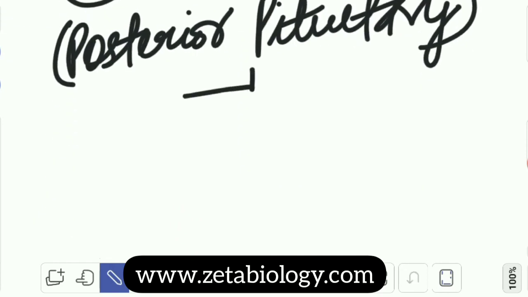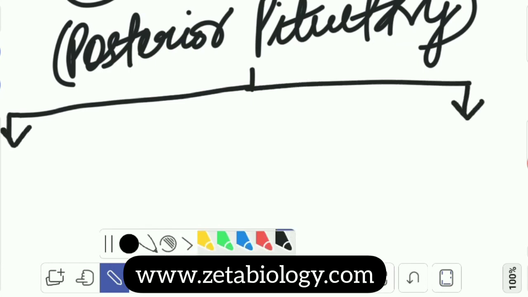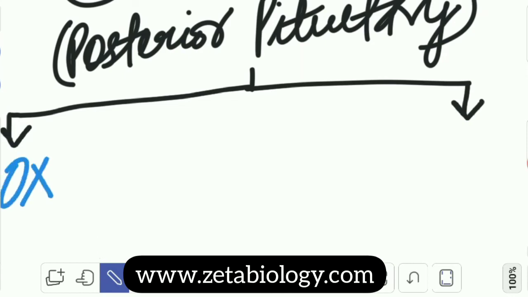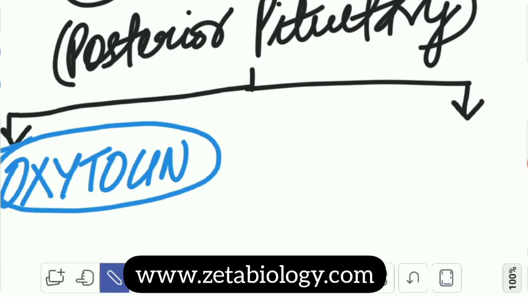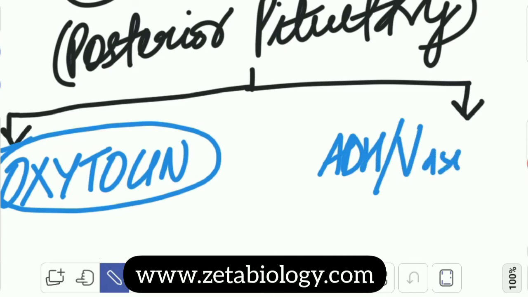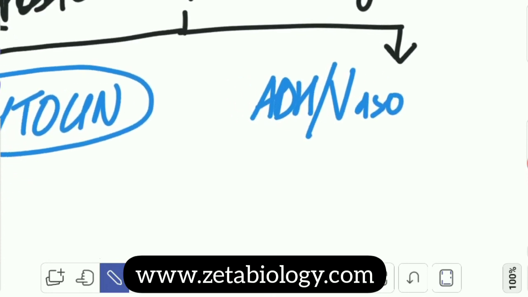The posterior pituitary releases two hormones. First is oxytocin, and the other is antidiuretic hormone, or vasopressin. So ADH, or vasopressin.